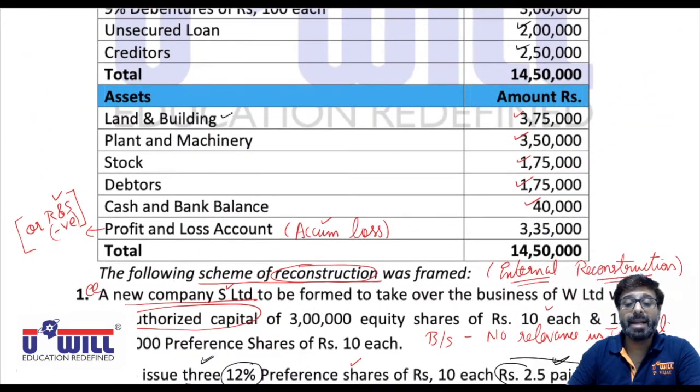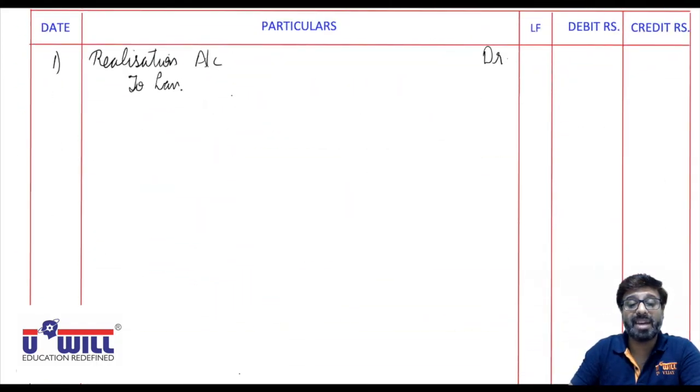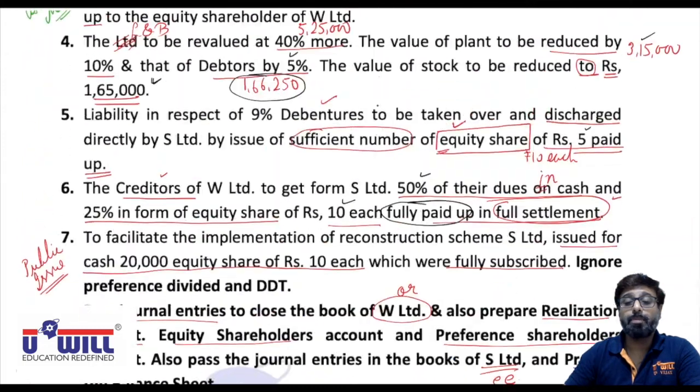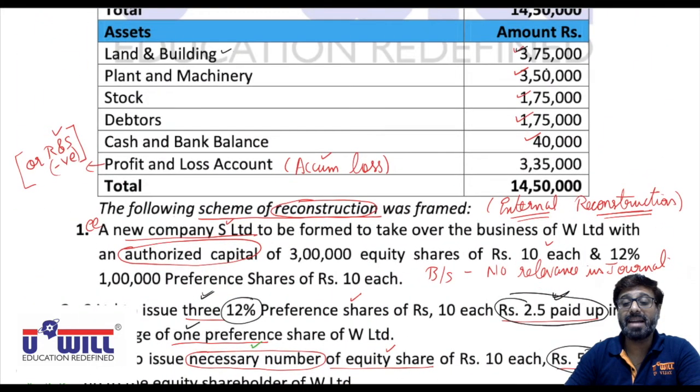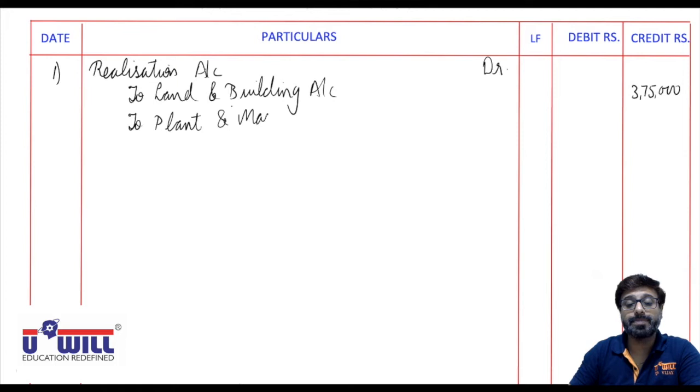That will include land and building 3,75,000, all assets at book value only. Then to plant and machinery 3,50,000.